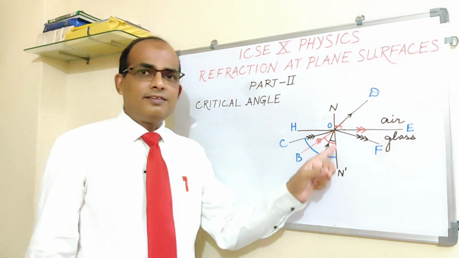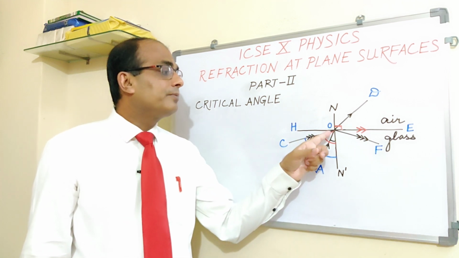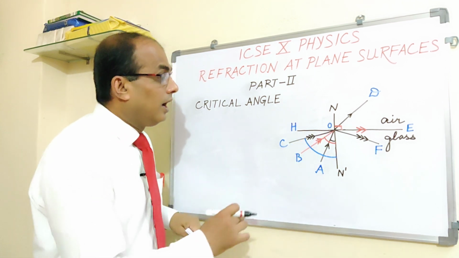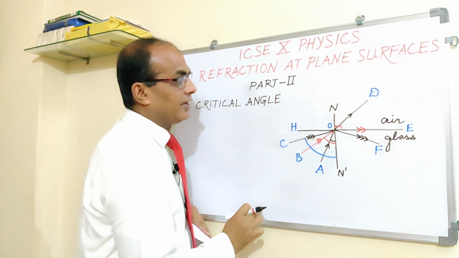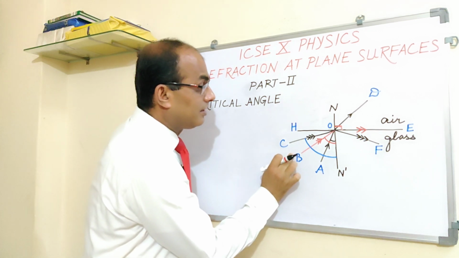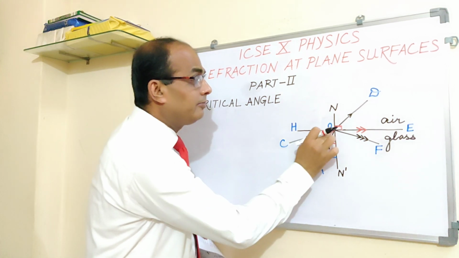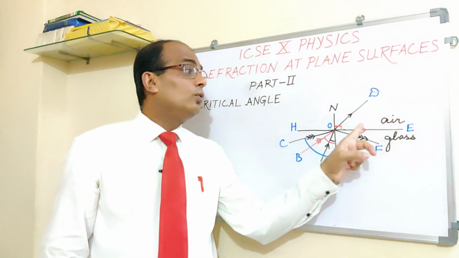BO is another incident ray in red. See the angle of incidence, BON dash. Now for this incident ray BO, the refracted ray is OE.